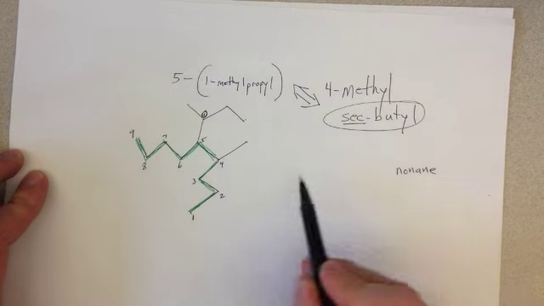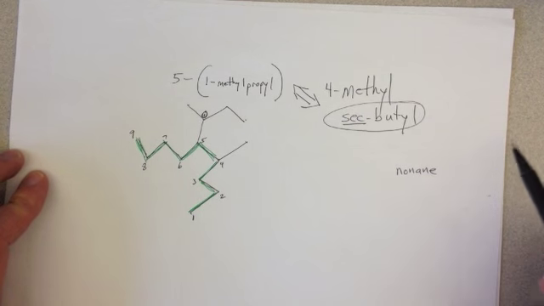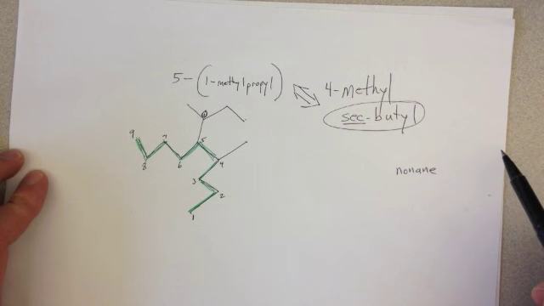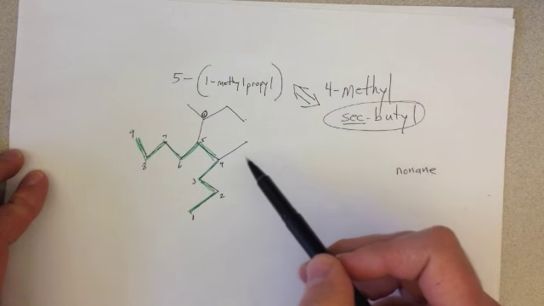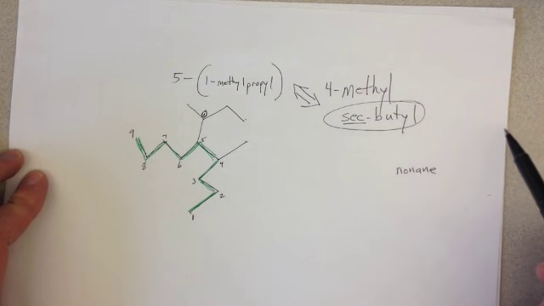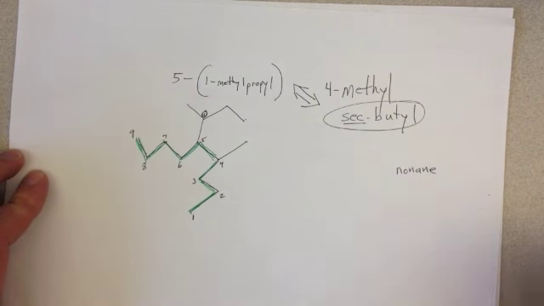Now, which one comes first in my name? You'd think it would be the numbering, but it's not. It's alphabetical order. And that alphabetical order would also determine the priority, as if I had to decide which one would be in the 4th position if it was a tie. So methyl comes before methylpropyl in the alphabet.